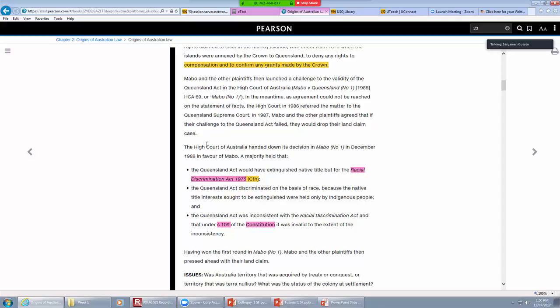What was the problem for Mabo in order to establish that they have ownership? The problem was something called the principle of terra nullius, which is Latin for empty land. So when in 1788 the first British settlers or English settlers came to Australia, they declared the country to be terra nullius.